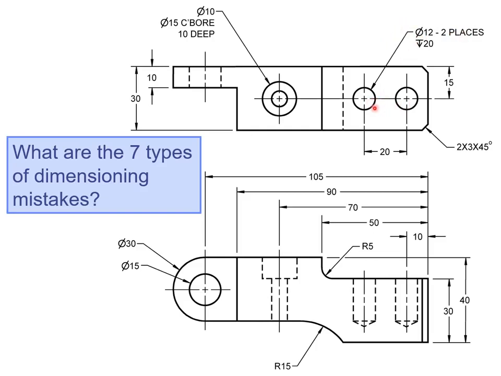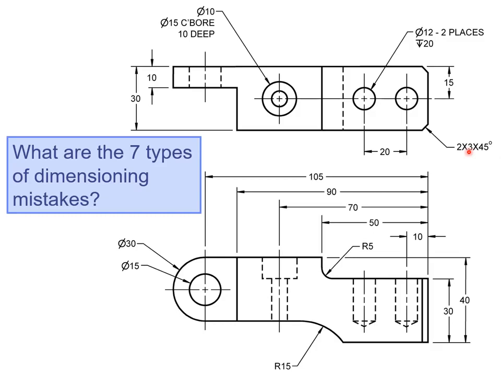Another thing to point out here: I forgot to mention there are 7 mistakes in this drawing. Another mistake is we're missing spaces here. The 2x with no space tells us that there are 2 chamfers.